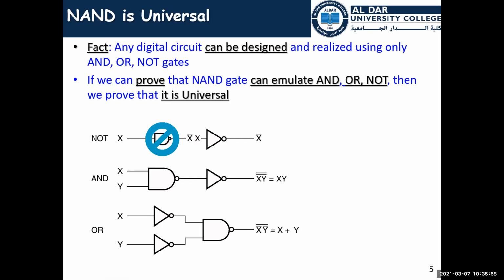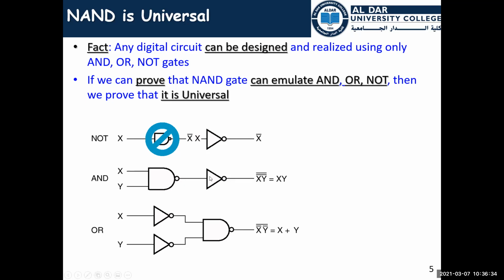For example, here, the NOT is an easy one, because we just need to convert the input X to X dash, but we don't have a single input NAND gate. This problem will be solved in the next slide. Here we can also represent AND gate by adding a converter at the end of the NAND gate.